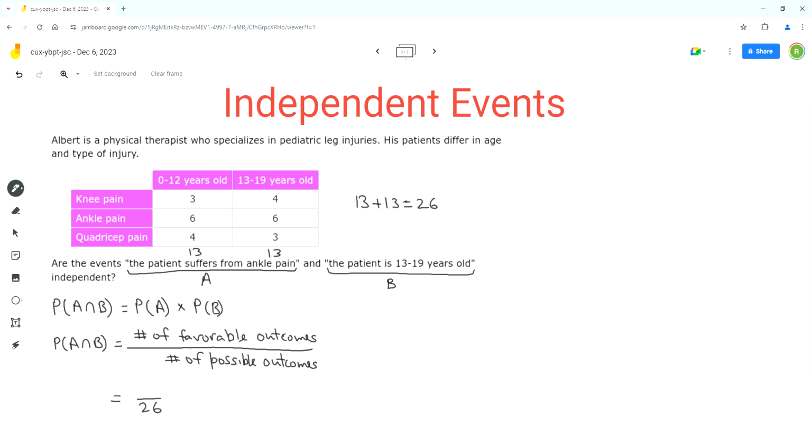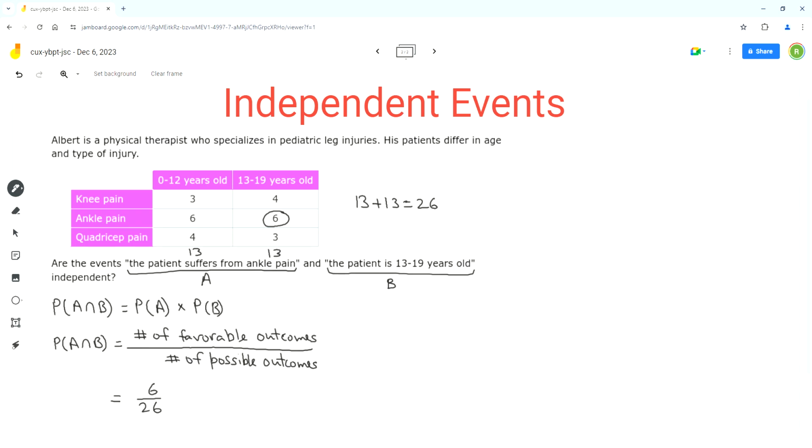Now, number of favorable outcomes will be the number of patients who suffer from ankle pain and they are in the 13 to 19-year-old age category. As per the given chart, there are 6 patients in that category. So that means the number of favorable outcomes is 6.